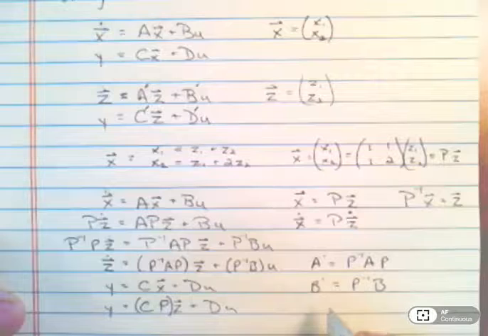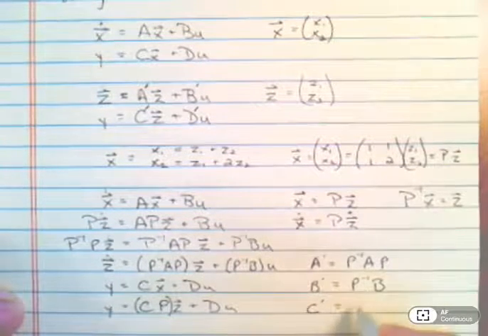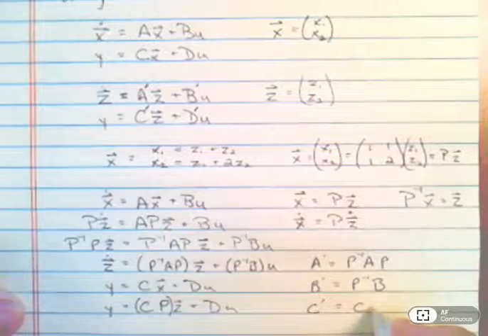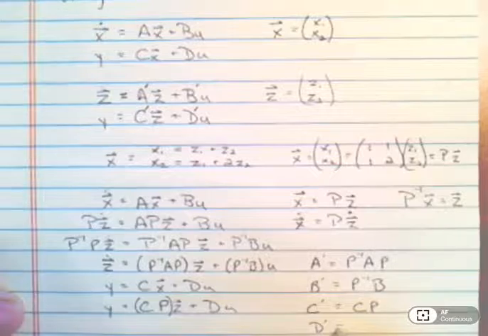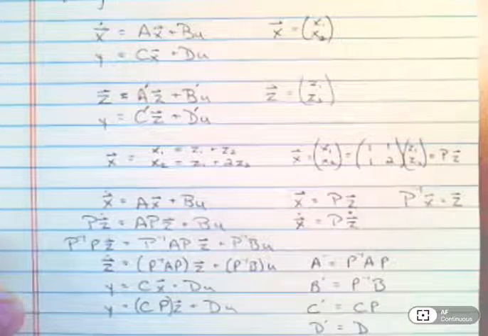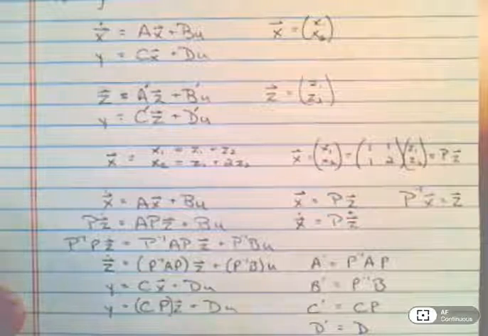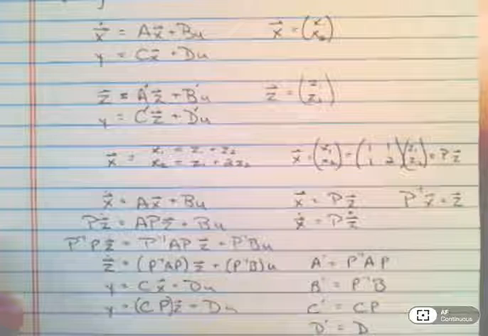And so it's like I'm saying that your C row vector is equal to my C row vector times P, post-multiplied by P. And interestingly, our D's happen to be the same in this particular case. And so that's an interesting set of relationships.